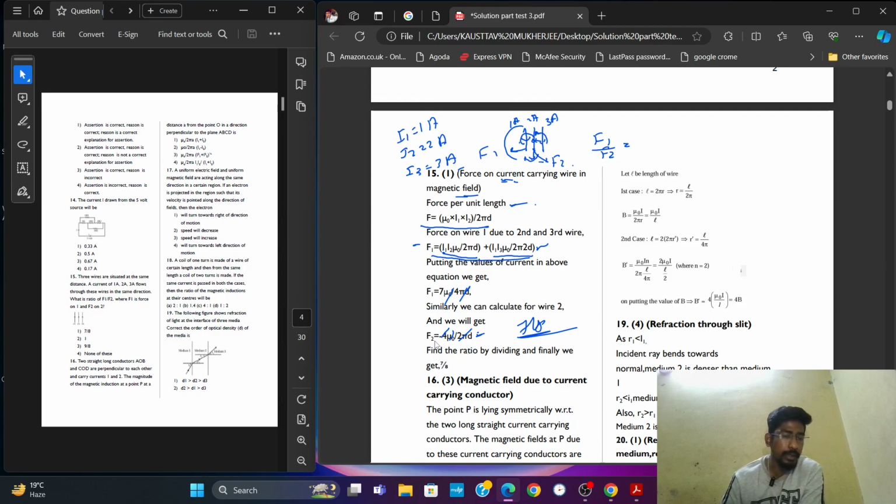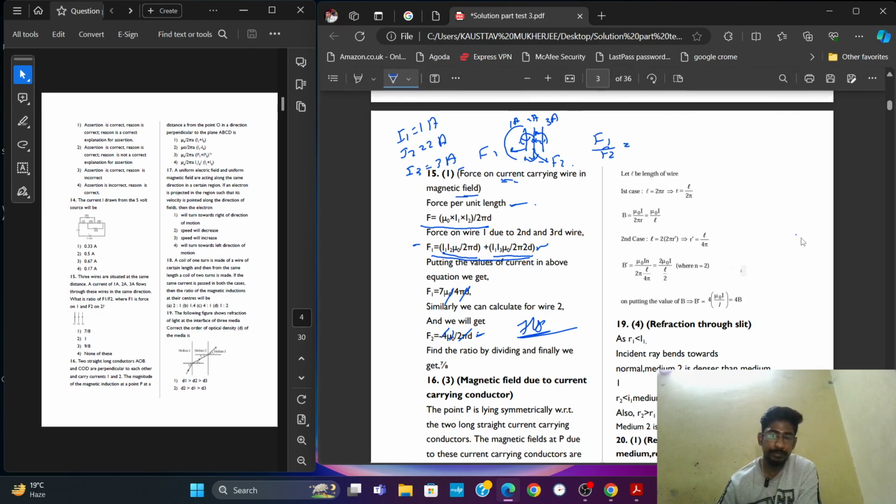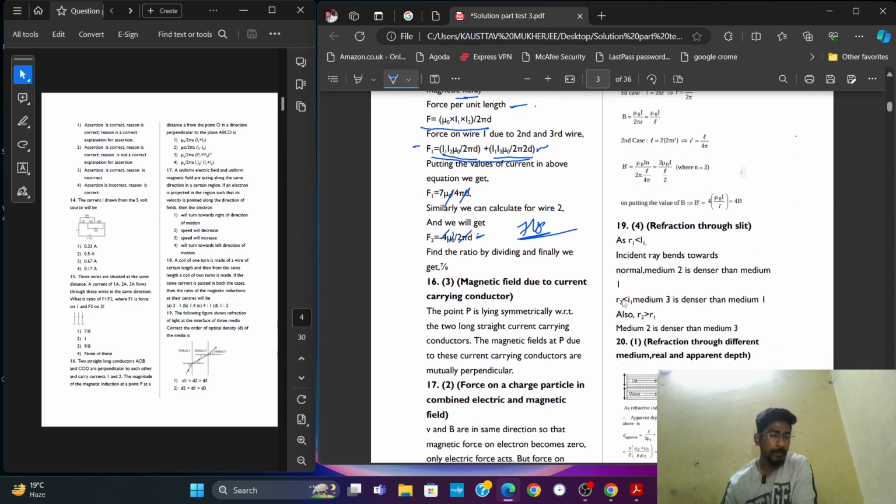The two straight long wires AOB and COD are perpendicular to each other like this, and carry currents I1 and I2.